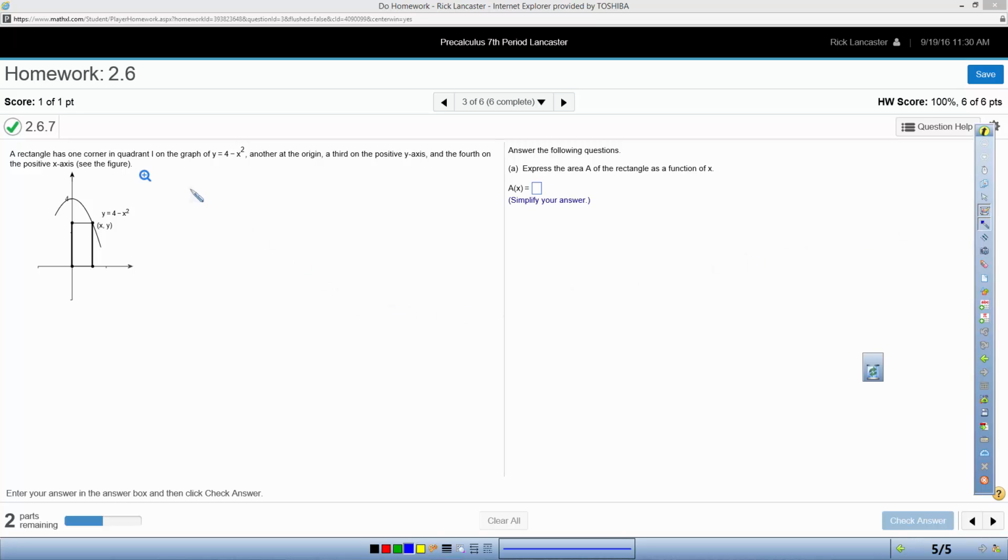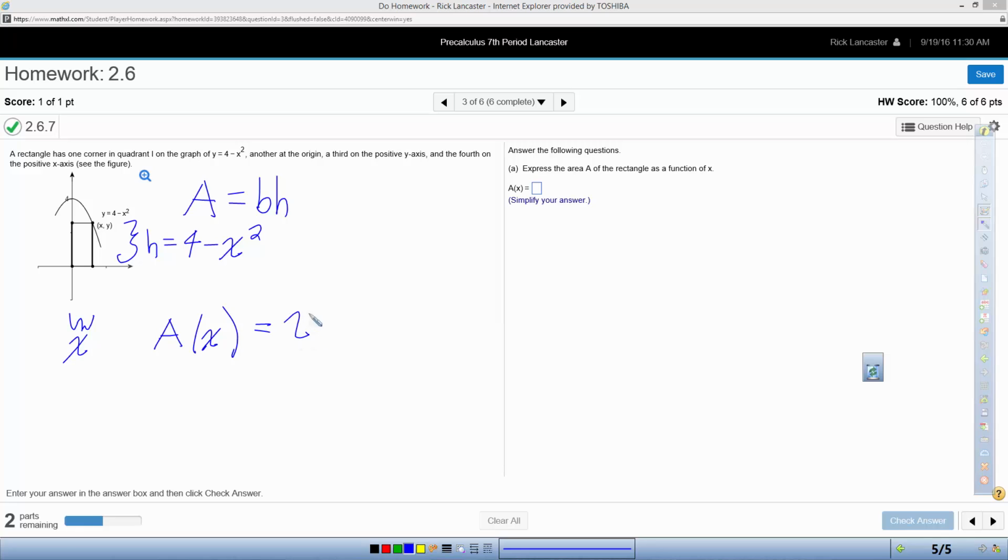So what do we know about the area of a rectangle? It's going to be base times height, or length times width. So the base here is going to be x. The height here is going to be y, which is 4 minus x squared. So area as a function of x is going to be our base, which is x, times the height, which is the function 4 minus x squared.